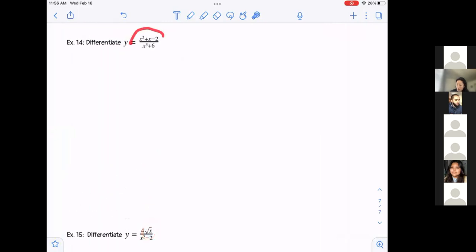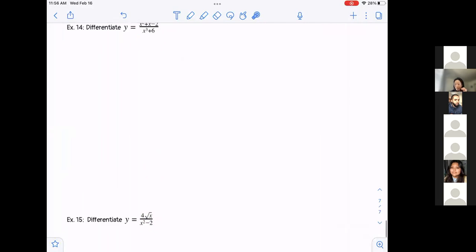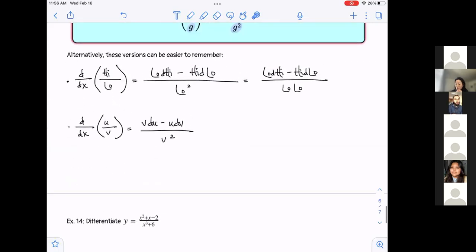Do you know how to use your power rule for each individual term? Do you know how to use your sum and difference rule? At the end, I would not simplify the answer too much. I would almost just get it to the point where you can plug things into the formula, and that's good.